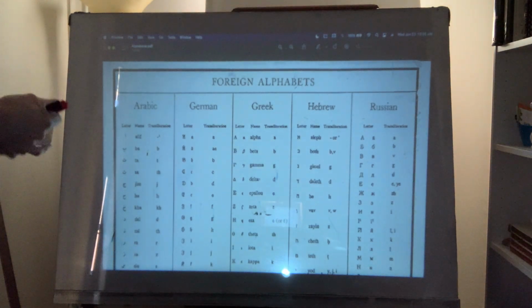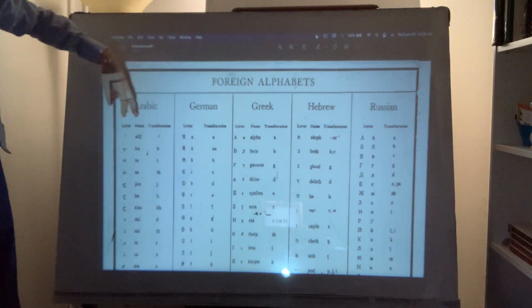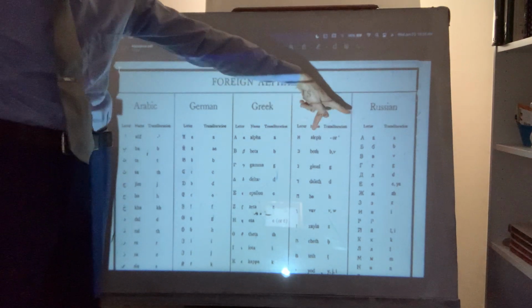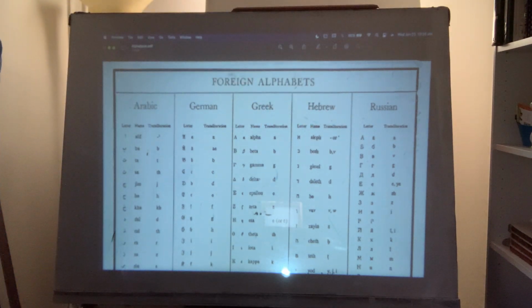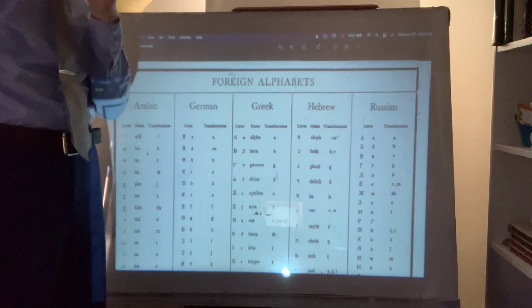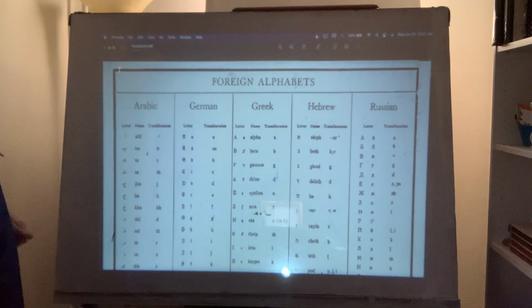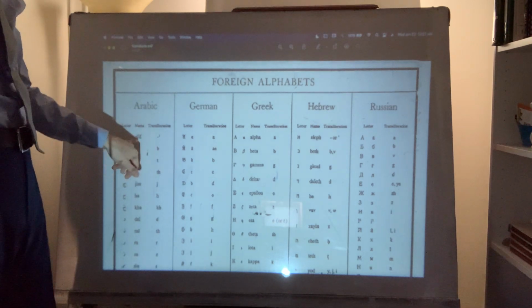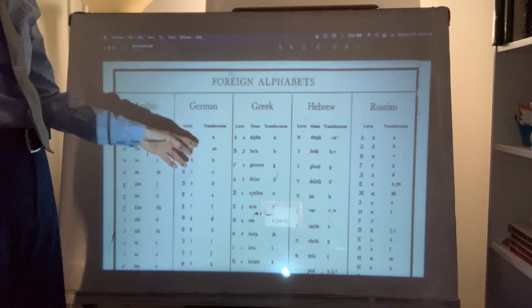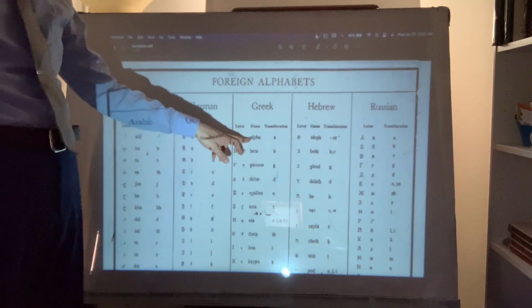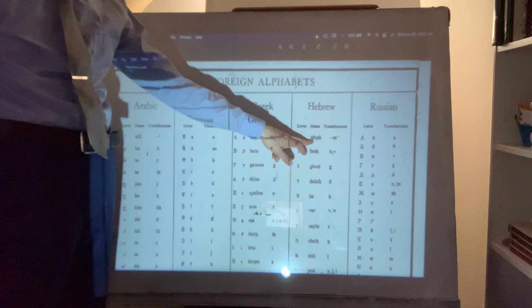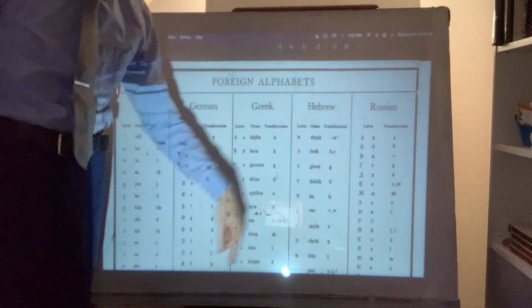Anyhow, it's really neat because you can see where there is similarity between various alphabets that are related. They have a common ancestor. I think I may have mispronounced it before. Indo-European alphabets. These are examples of that. Aleph. This is German. I'm not sure how to pronounce A in German, but Alpha, Greek. Aleph in Hebrew. Same thing in Russian.